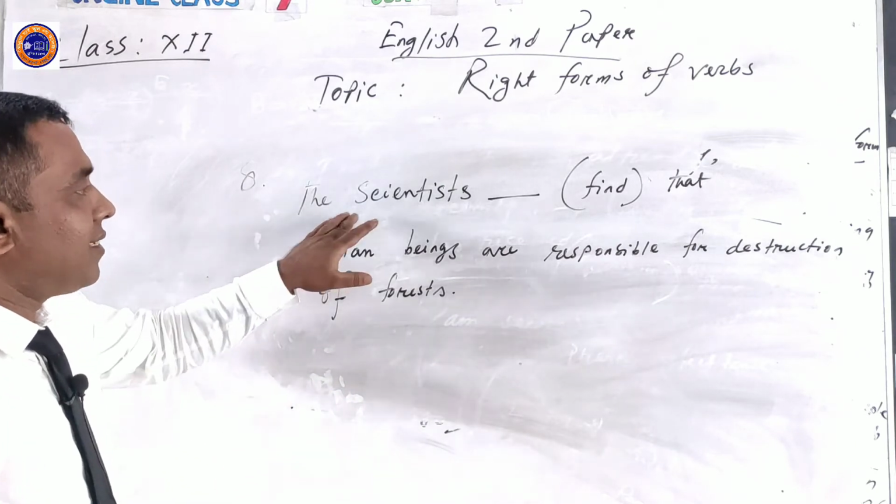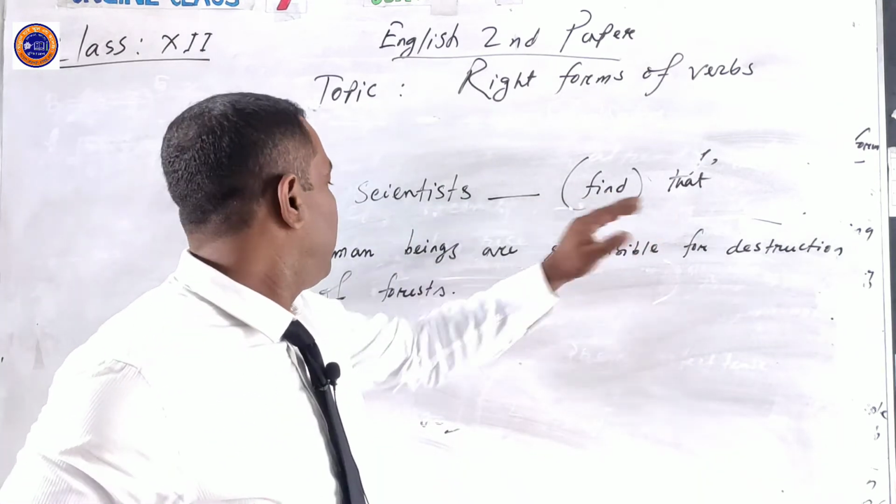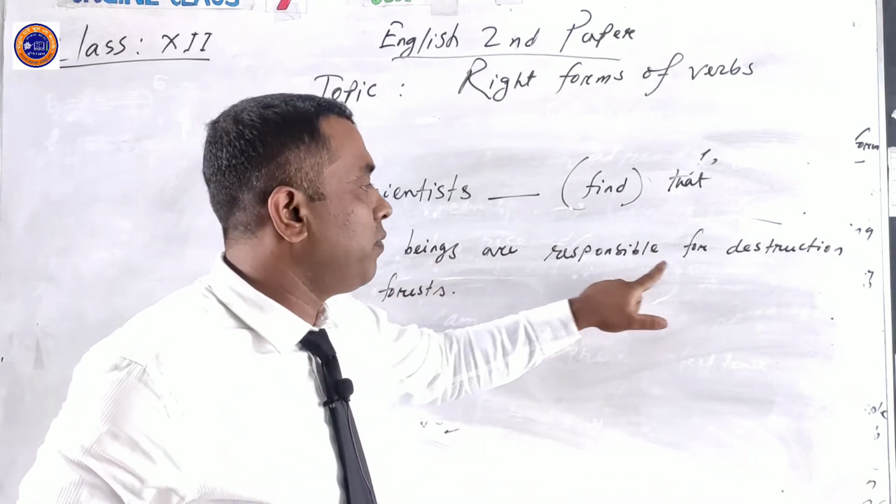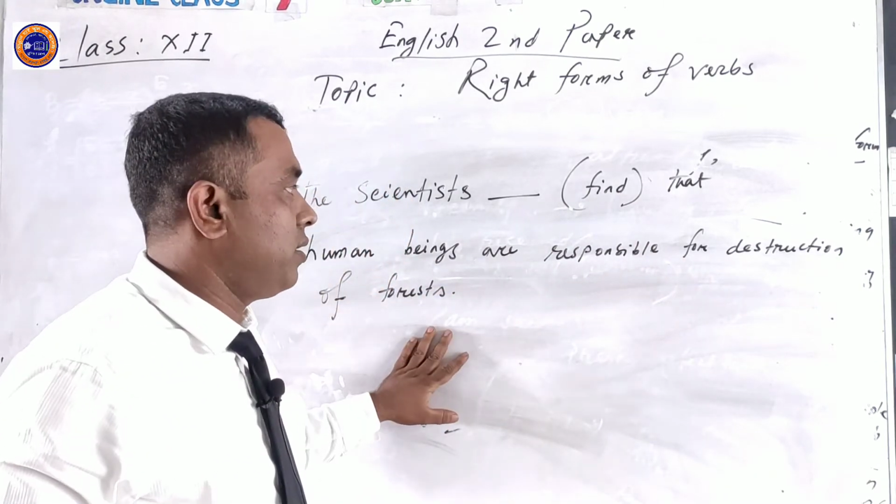The example is: the scientists dash find that human beings are responsible for destruction of forests.